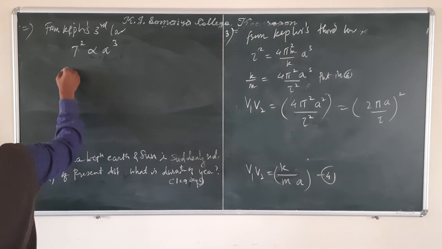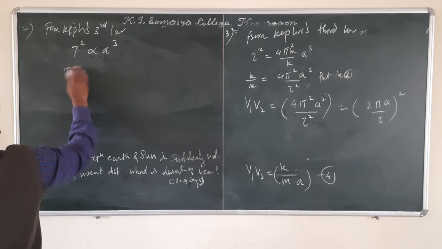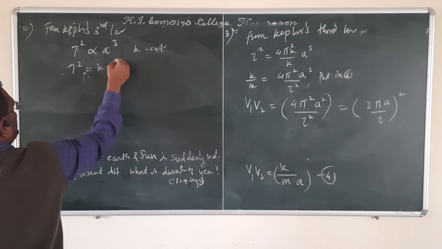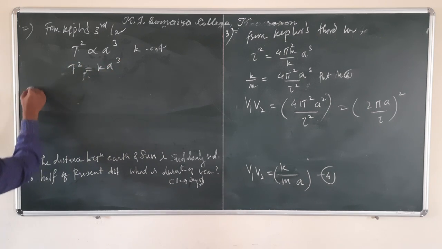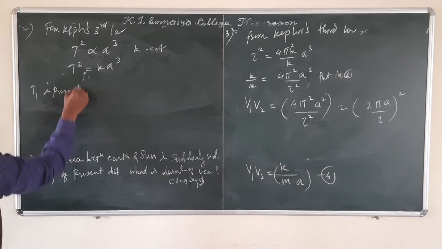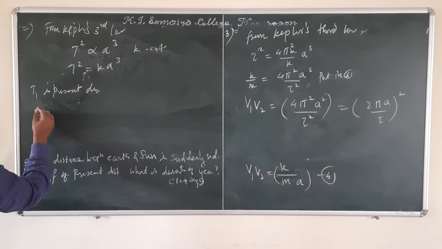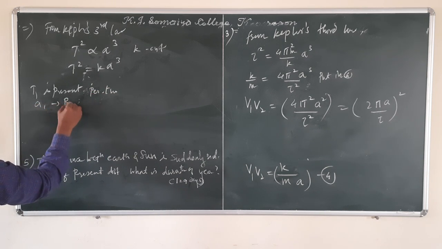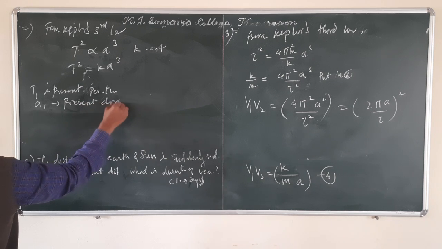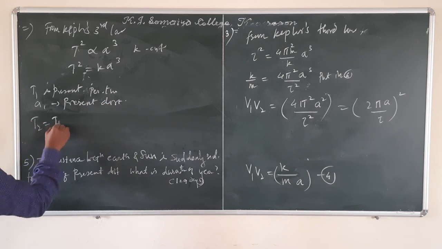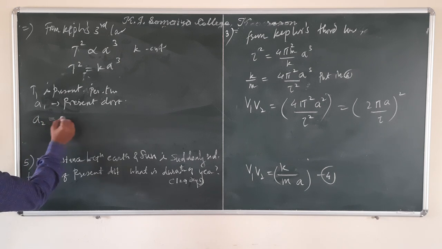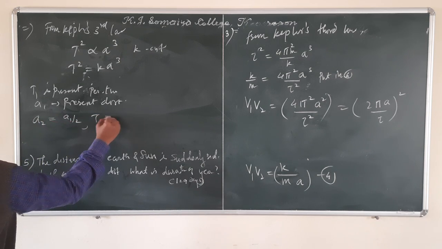Okay, so for the first case, if k is the constant of proportionality, tau square is equal to k into a cube. So if T1 is the present periodic time, and a1 the present distance, then T2 is to be found. The present distance is halved, so a2 is a1 divided by 2, and we have to find out T2.